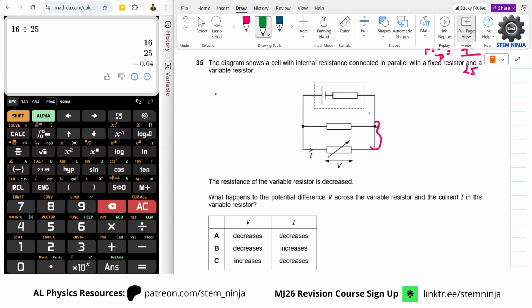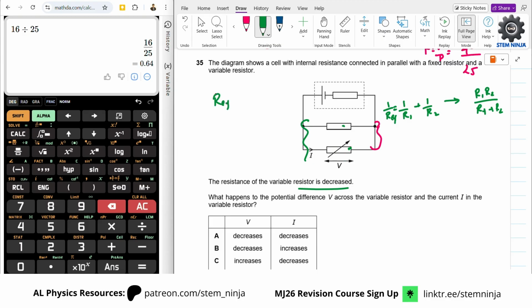When you decrease the resistance, the net resistance would decrease. Because you have 1 over R1, 1 over R2 for these two, the effective resistance becomes R1 R2 over R1 plus R2. The combined resistance of these two would decrease, which means the combined resistance of the circuit would also decrease.